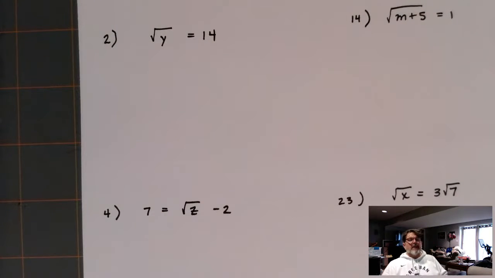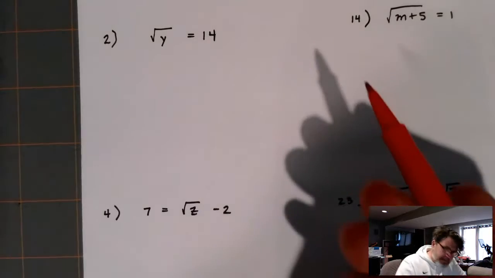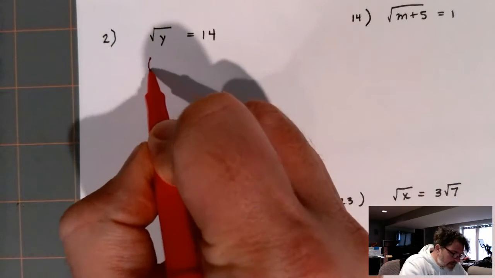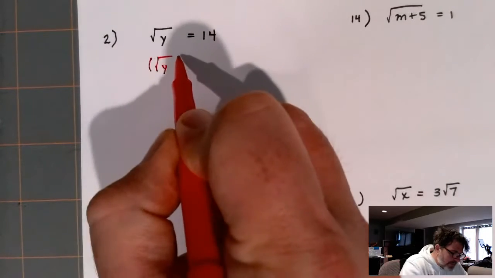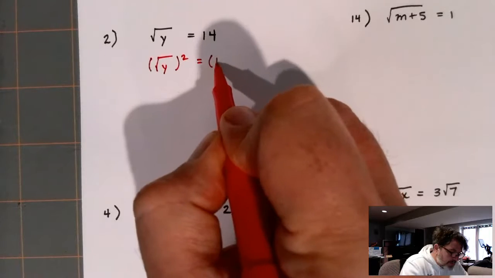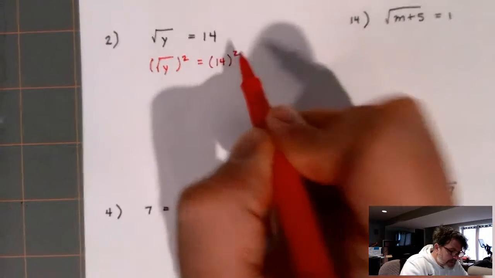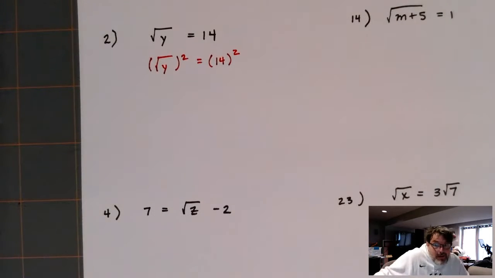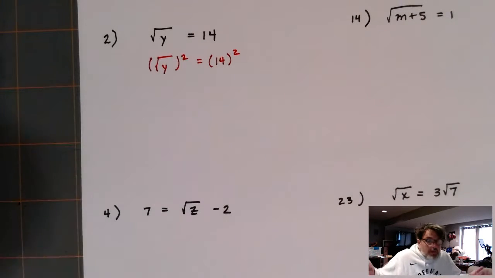All right, so the problem you have here is root y equals 14. And all you really have to know here is, I am allowed, if I want, to square both sides. When we derooted, we took the square root of both sides. Well, I can also, if I want, square both sides.